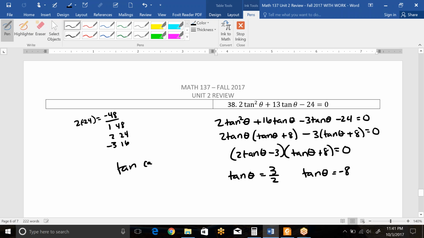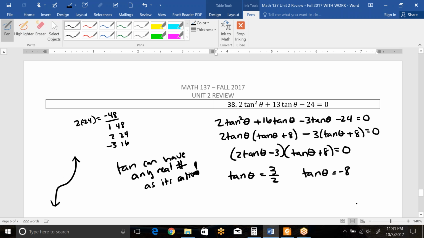Tan can have any real number as its ratio. Remember, the reason for that is when you talk about tangent, remember it goes from -infinity to infinity up the y range. So it's possible to have any y value, which means the inverse can have any x value.